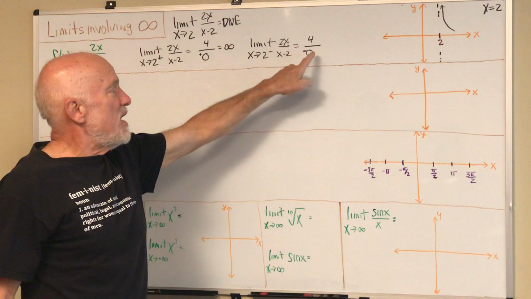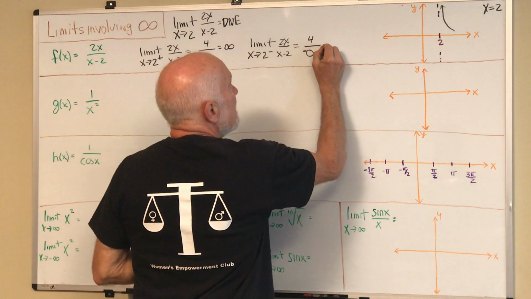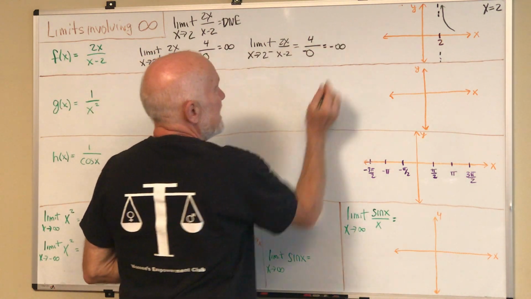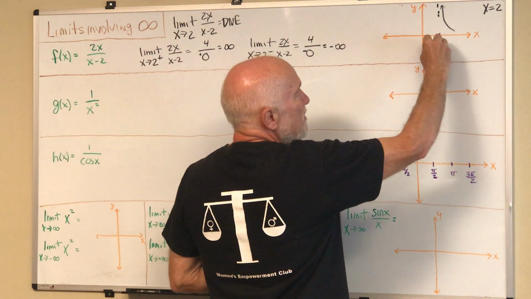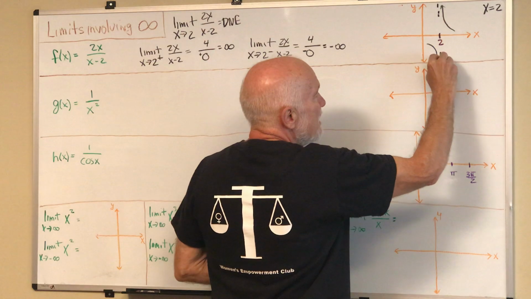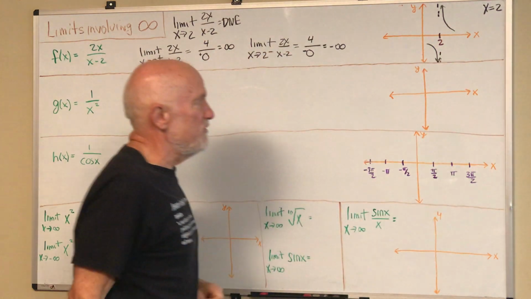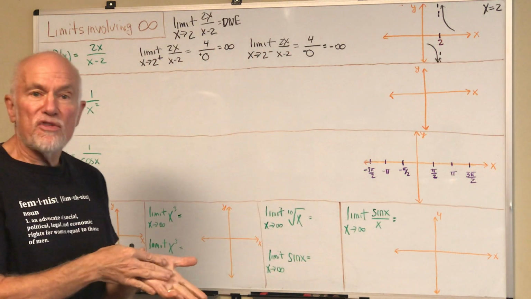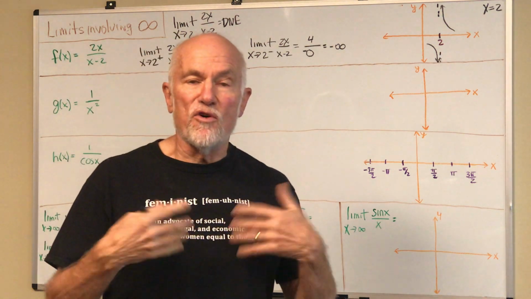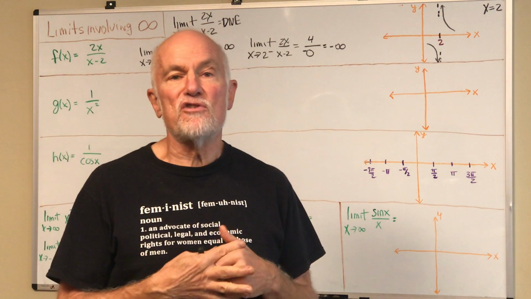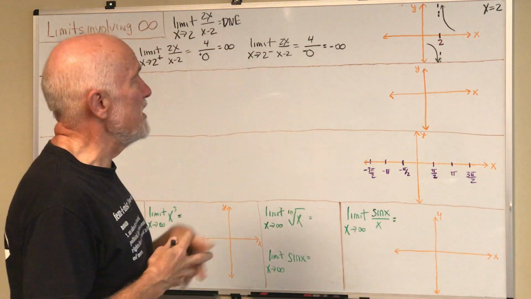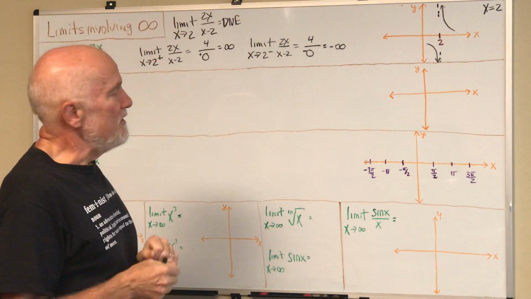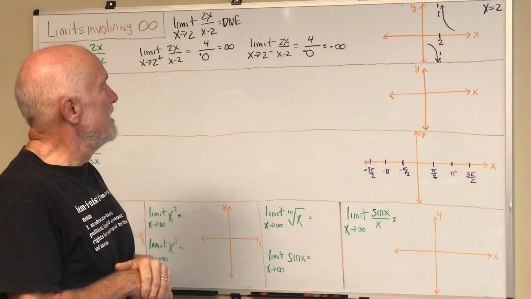And a positive divided by a negative would be a negative infinity. So that means as you're approaching 2 from the left-hand side, we're going down to negative infinity. And we know more about the function than just knowing that it's a vertical asymptote. We know exactly what the function is doing around x equals 2. It would help us graph that function if we were trying to do that.